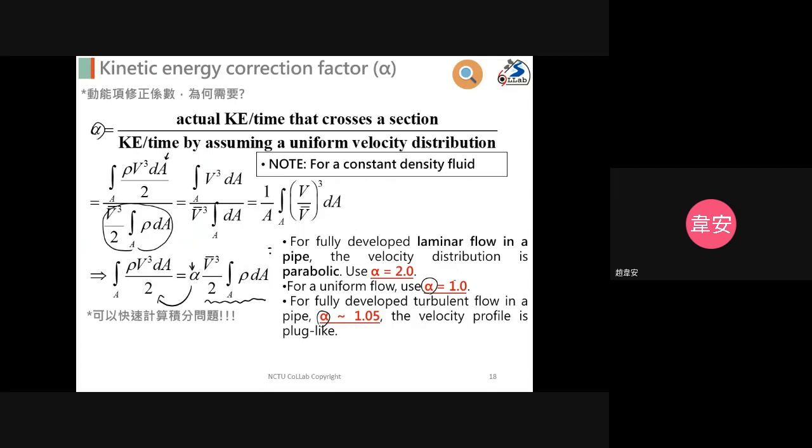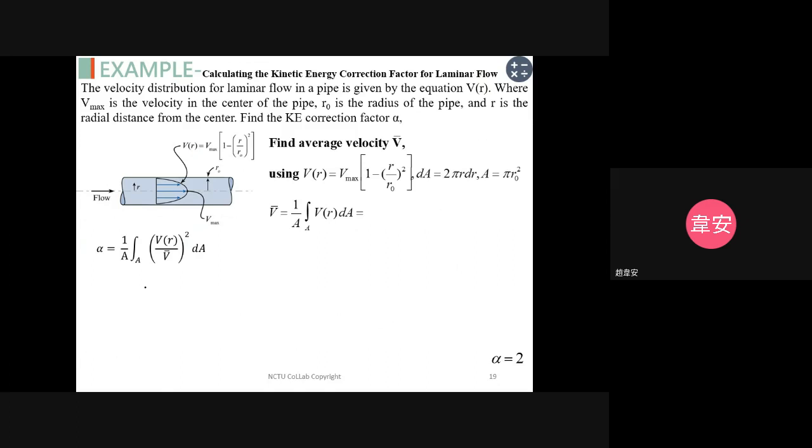We can compute these integration values very easily because the velocity is uniform and we just take the velocity outside as a constant, and then multiply by the correction factor to compute the original integration that we need. Okay, so the exercise shows one example of how to compute the alpha value by yourself.